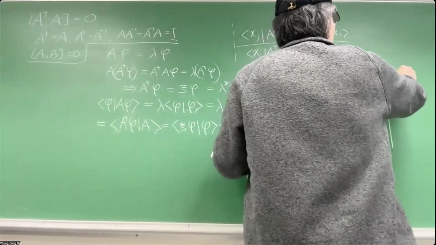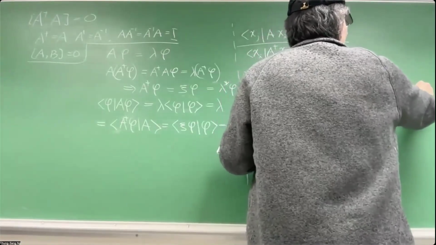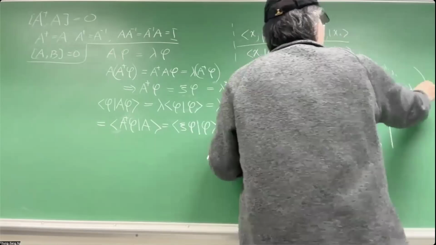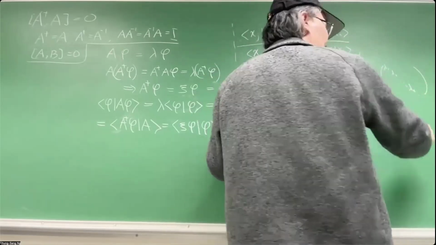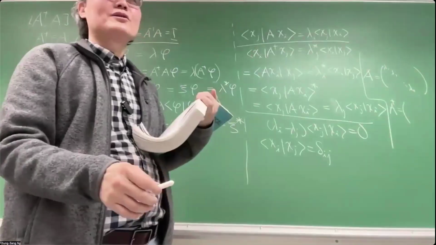So you can write a matrix with only diagonal entries lambda 1, lambda 2 to lambda n for A.